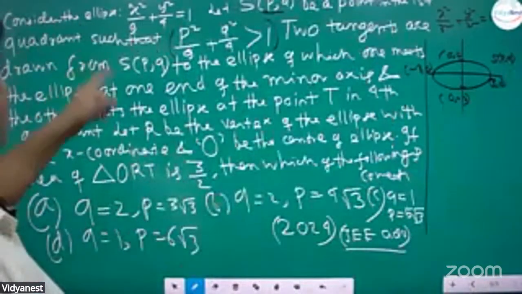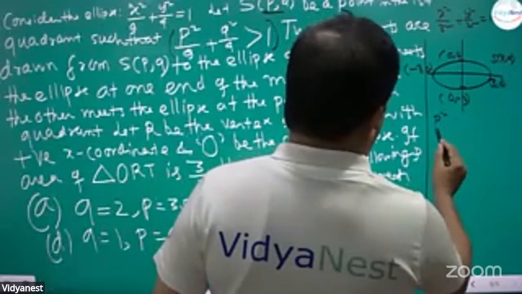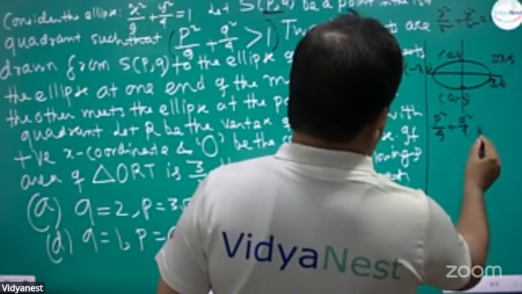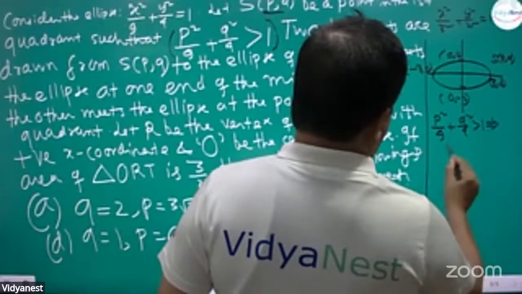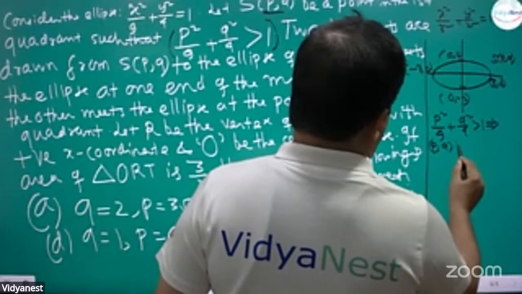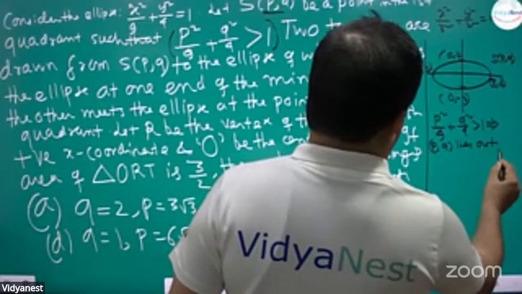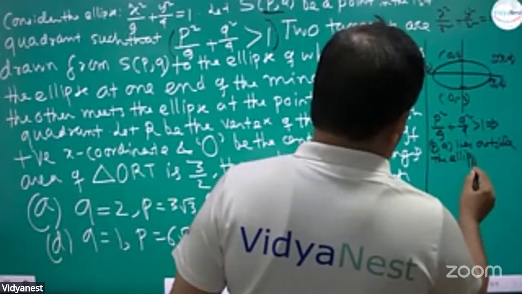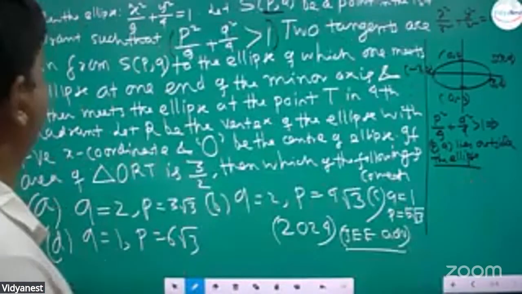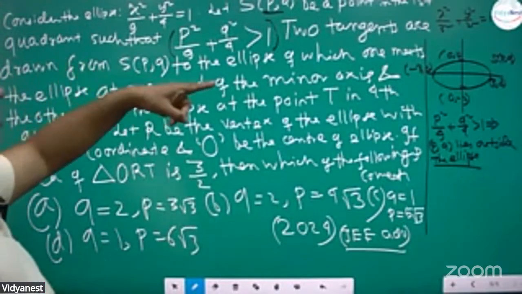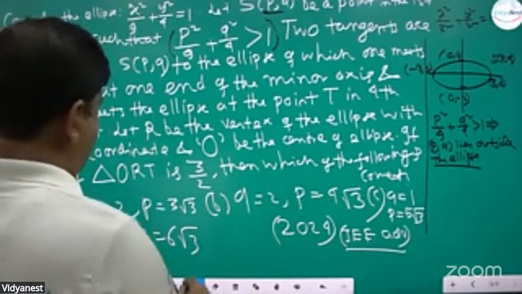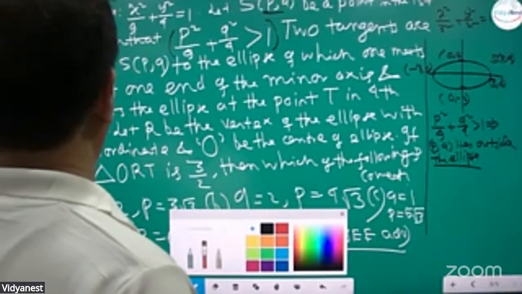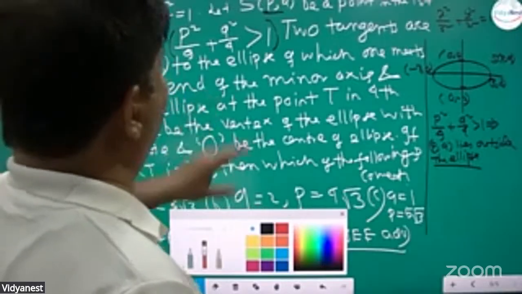So p square by 9 plus q square by 4 greater than 1 implies PQ point lies outside the ellipse. Now, two tangents are drawn to the ellipse. Two tangents from that point are drawn to the ellipse, which meets the ellipse at one end of the minor axis.